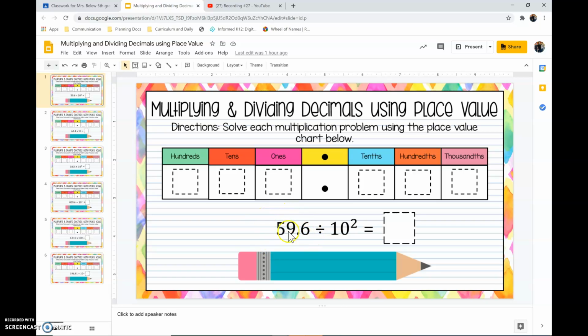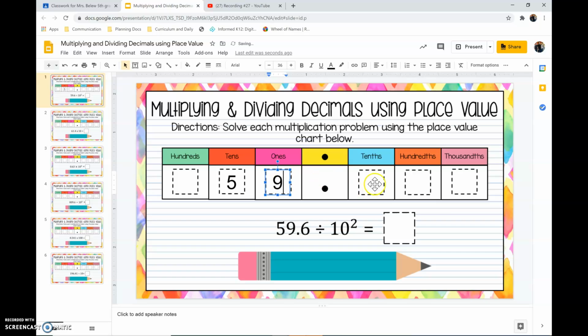I have this decimal, 59 and 6 tenths, divided by 10 to the second power. So the exponent, the 2, tells me how many places this decimal moves to the left when I'm dividing. I'm just going to type it in here: 5 tens, 9 ones, and 6 tenths of a number.